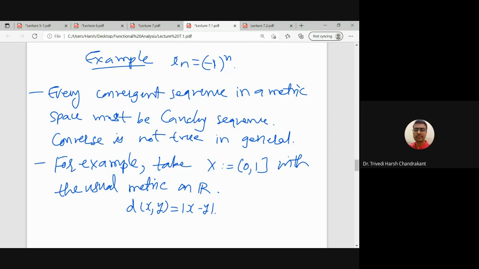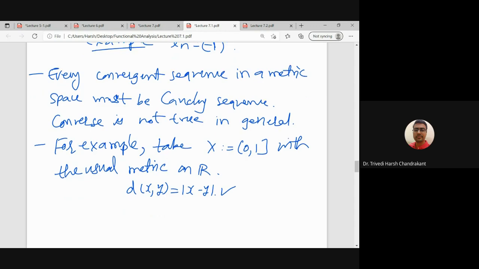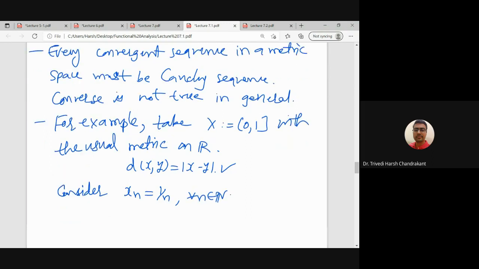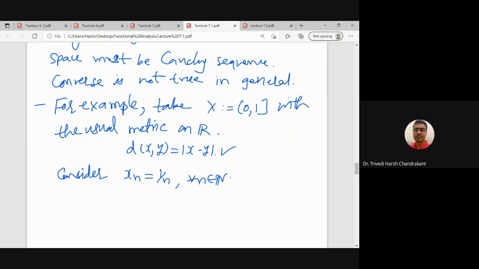With respect to this metric, this is a subset of R, so it is also a metric space, and in it consider the sequence. We take a sequence which converges to 0, for example 1 upon n. We know that it converges to 0 in R, but 0 is not in this set, because it is not closed.